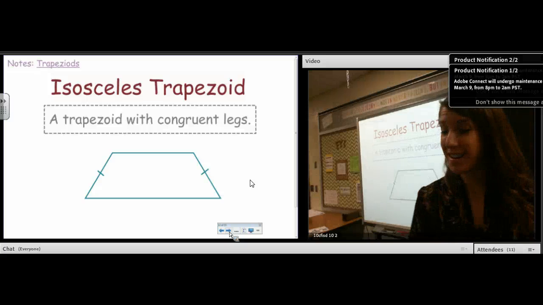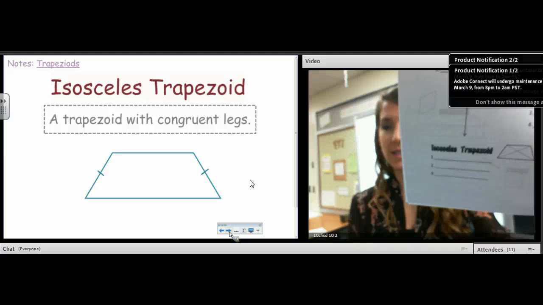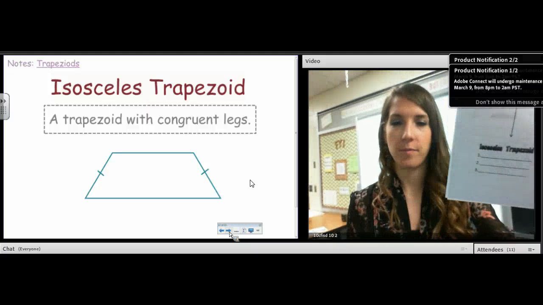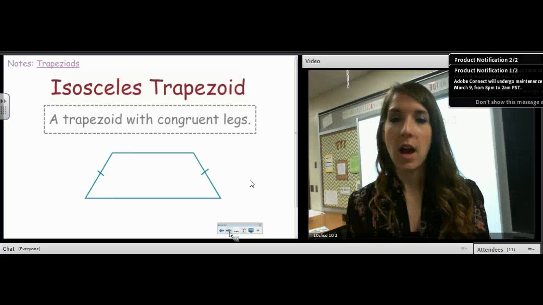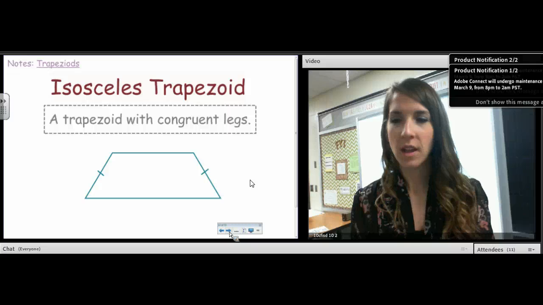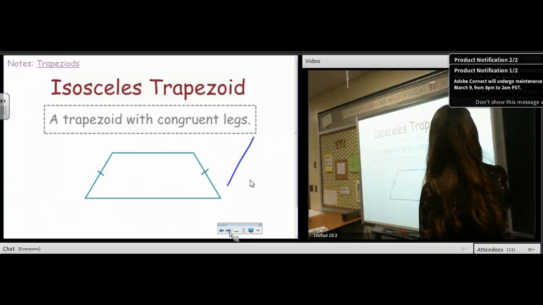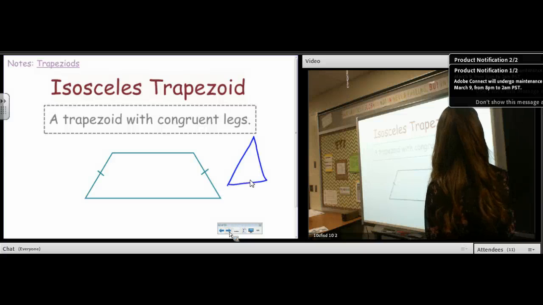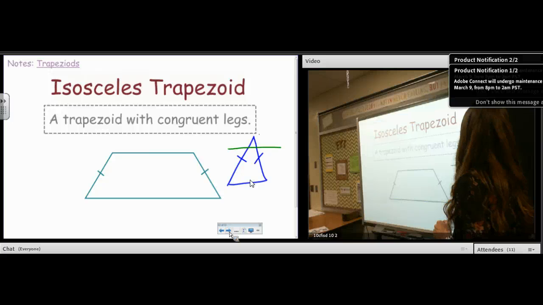Now we're going to move on, and our trapezoid is going to get promoted to an isosceles trapezoid. An isosceles trapezoid is a trapezoid with congruent legs. I want you to think of an isosceles trapezoid as an isosceles triangle that got the top chopped off.